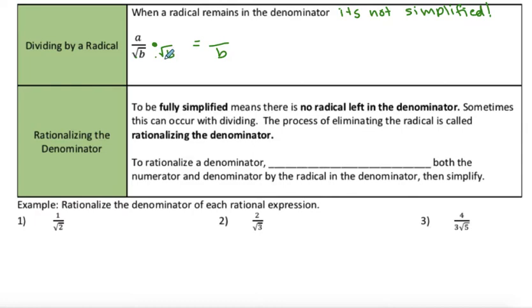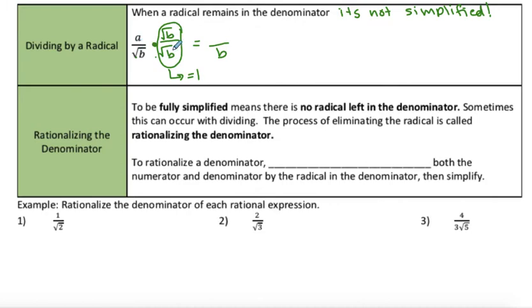However, I can't just arbitrarily multiply by radical b because that changes the whole quantity. What I can do is multiply by radical b divided by itself. Now this is 1. So I'm taking a over radical b times 1. So this will not change the quantity and it still gets the rationalized denominator here.